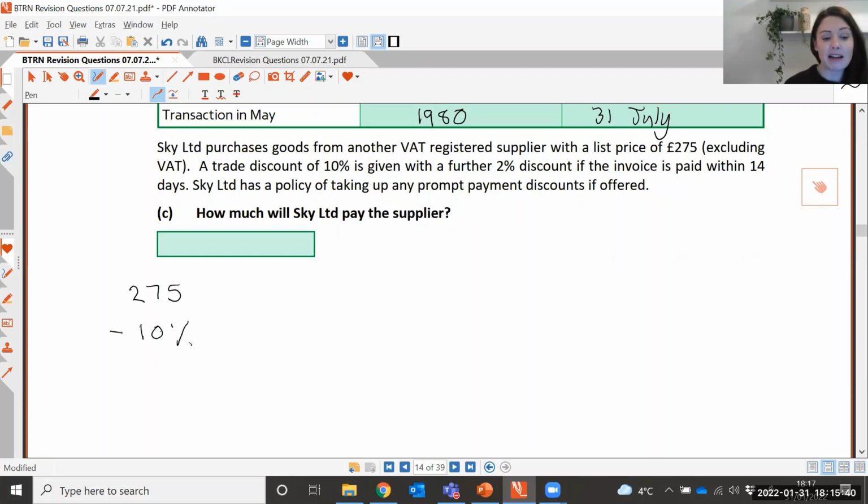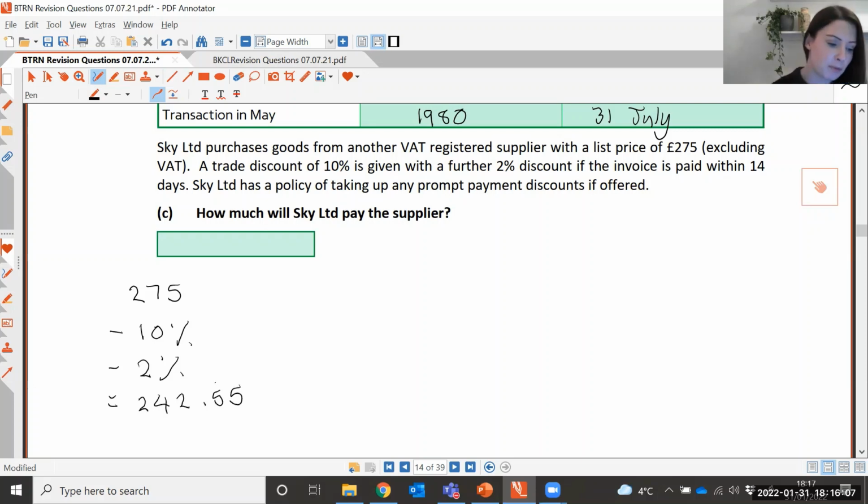And then because they have a policy of taking up any prompt payment discount that's offered, we need to also deduct the 2%. So we would then minus the 2% prompt payment discount or settlement discount. And that would give us a value of £242.55. So that is a new net value.